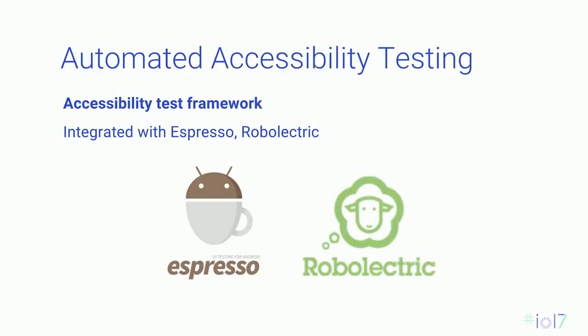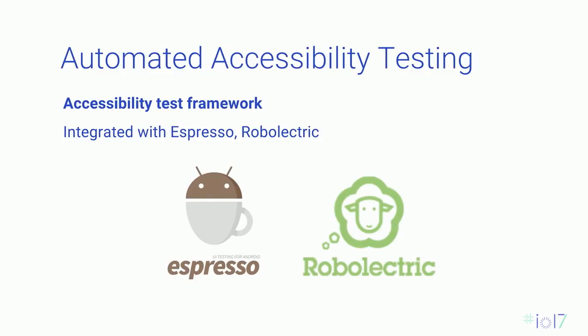And a bit about automated testing. We also created an Accessibility Testing Framework to allow you to perform automated testing. Accessibility Testing Framework is an open source library that provides runtime evaluation on real Android UI constructs.